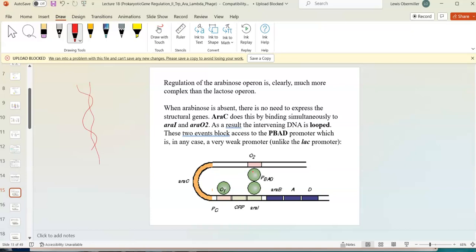It's more like this. And so you have a major groove, which has got a lot of space, and a minor groove, which doesn't have a lot of space. So in the major groove, proteins can interact with the bases and look and see what they are.